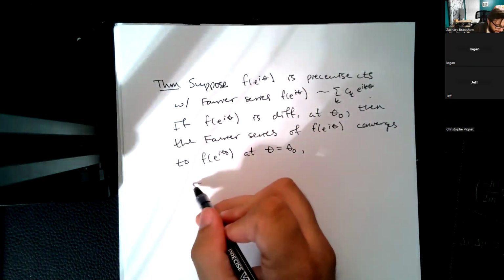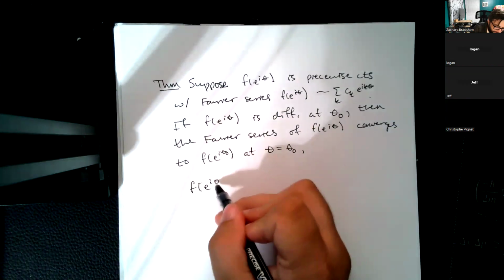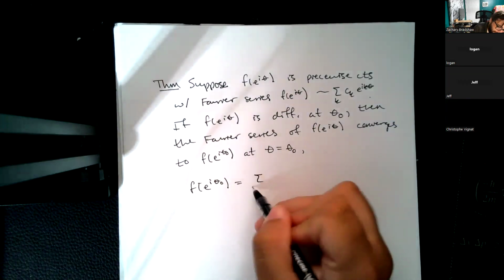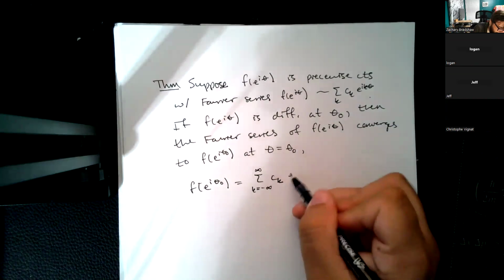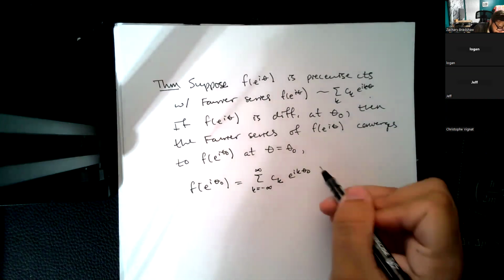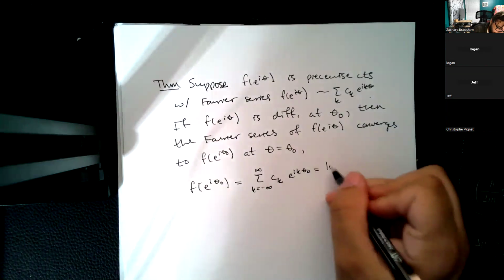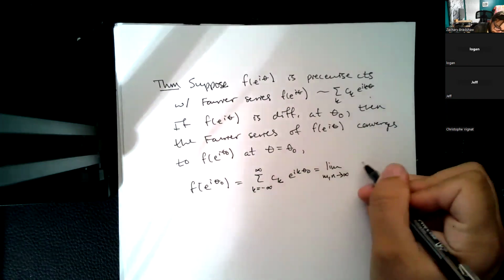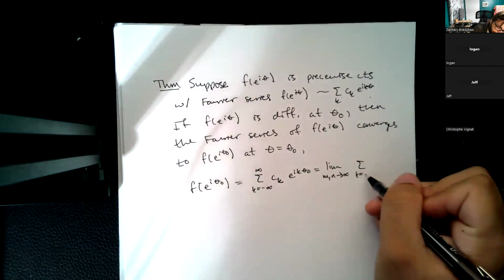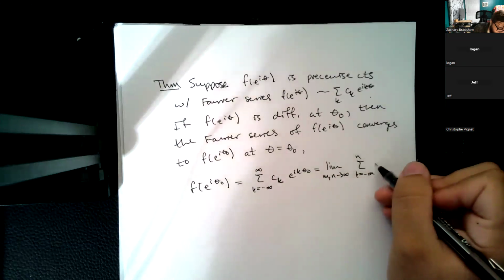So in other words, f of e to the i theta naught can be written as the sum from k equals minus infinity to infinity of c_k e to the i k theta naught, which we note is the limit as m and n go to infinity of the partial sums.